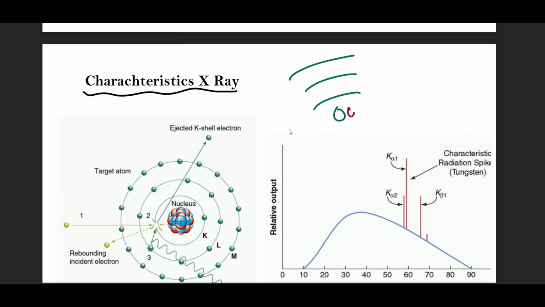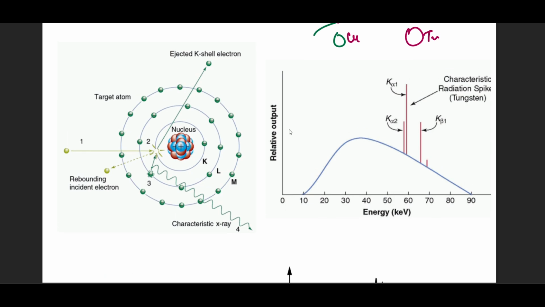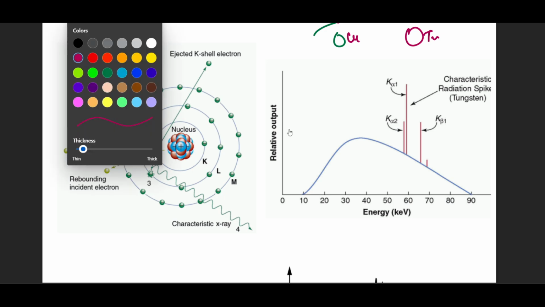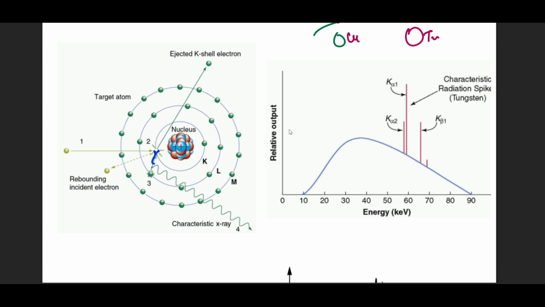Okay, so let's say this is copper and this is tungsten, even if we are dealing with their first shell and second shell, they will have different energy levels between them. That's their own identity in terms of quantum physics. Now, sometimes when we are introducing these electrons, they interact with the valence shell electrons like this. And somehow they will be responsible for ejecting these electrons over here or in other random directions.